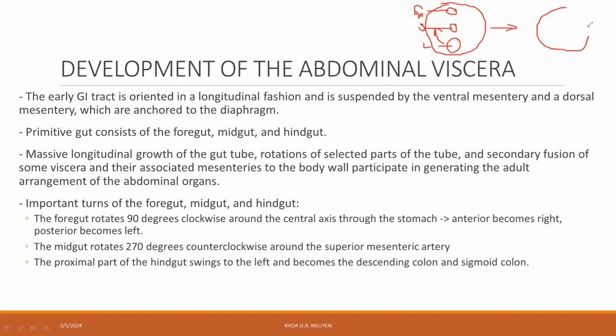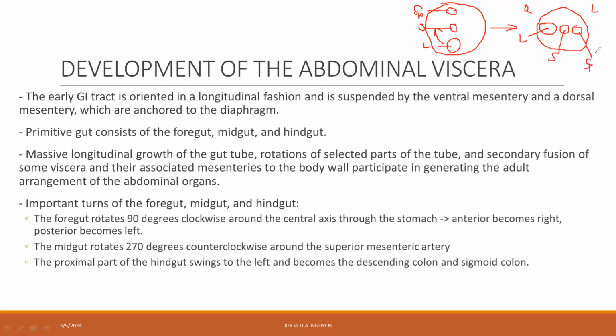And after you rotate, the liver is here. This is going to be right, and this is going to be left, by the way, sorry. And then you have the stomach here, and then the spleen here. And that is why in the adult, the liver is on the right side, the stomach is in the middle, and the spleen is on the left side.